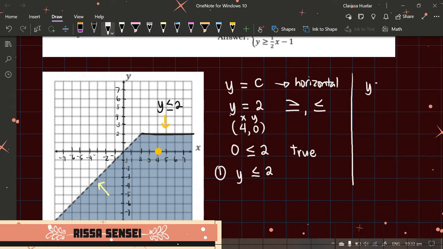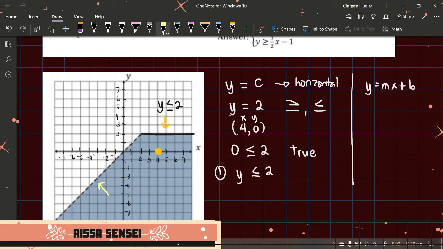Yung y equals mx plus b kasi slanting yung ating line. Tapos, naka-lean siya to the right. So, positive yung ating slope. Paano natin mag-verify yun? Let's locate 2 points na nasa broken line, nasa boundary. Locate tayo ng dalawang points.